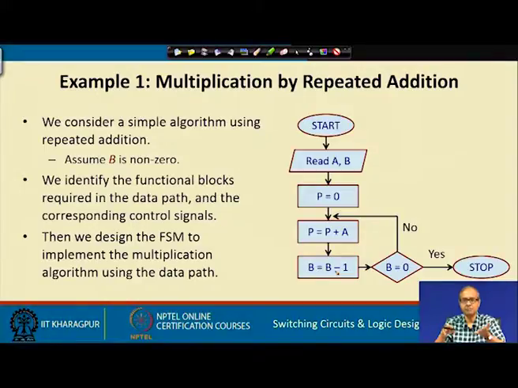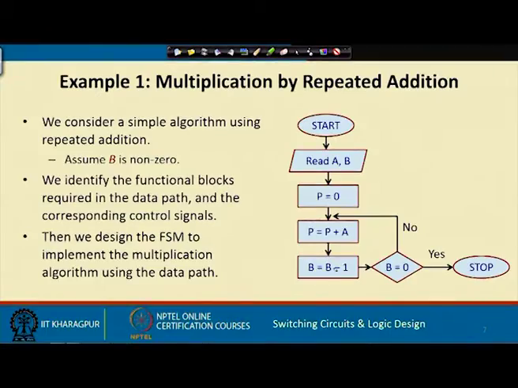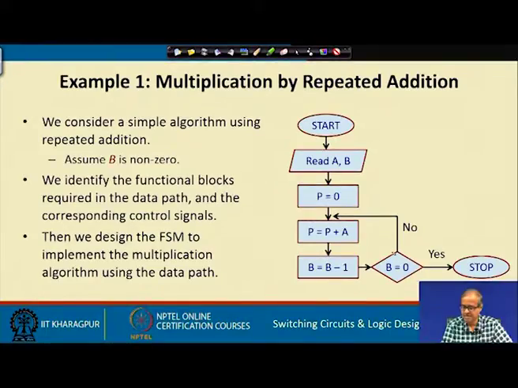You can use a down counter, decrementing by 1. So, the register B can be a down counter, and a comparator will check B with 0. That will constitute the data path, and the control path will be generating signals such that the computation is carried out in the sequence specified by the flowchart.